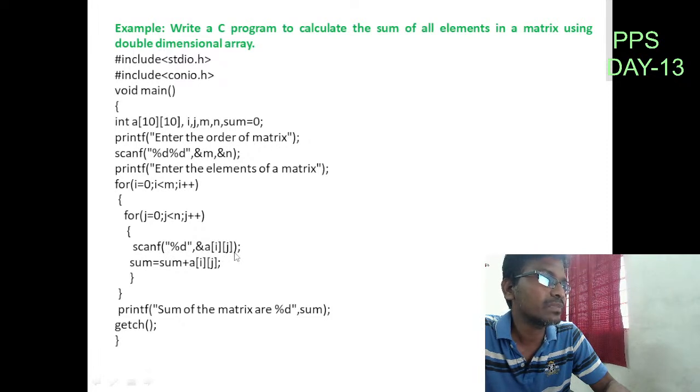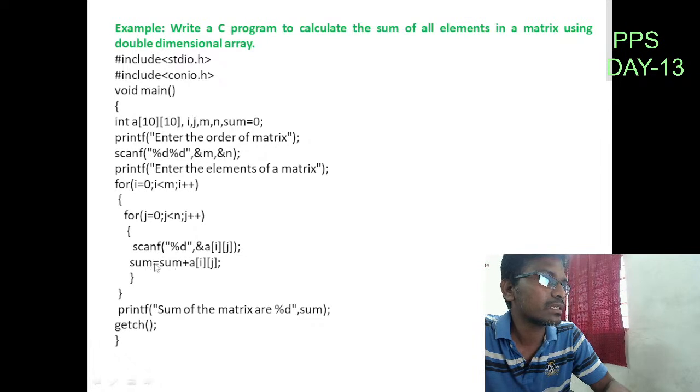At the same time, I'm also going to sum the matrix elements. What elements am I reading from the keyboard? At the same time, I'm going to perform the sum of the matrix elements. I hope you understand what I'm saying.